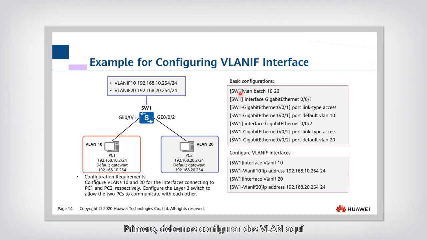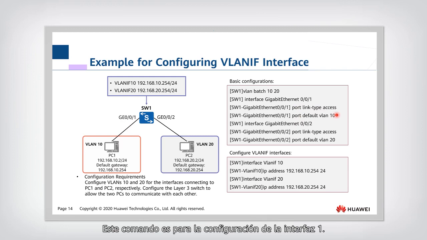So first, we need to configure two VLANs here. Then we go into interface 1 to configure this interface. This interface should work at the access type, and the default VLAN ID should be 10 because it is connected with VLAN 10.